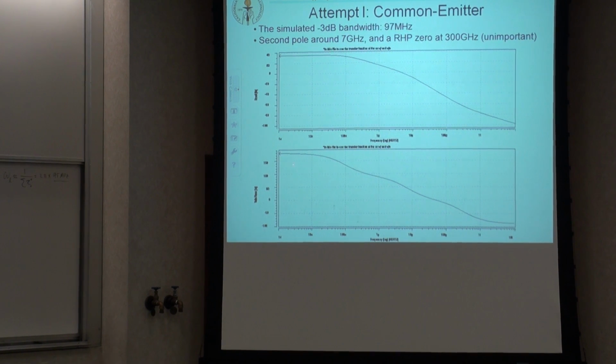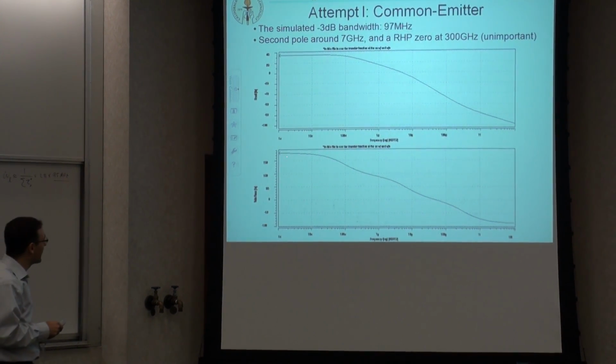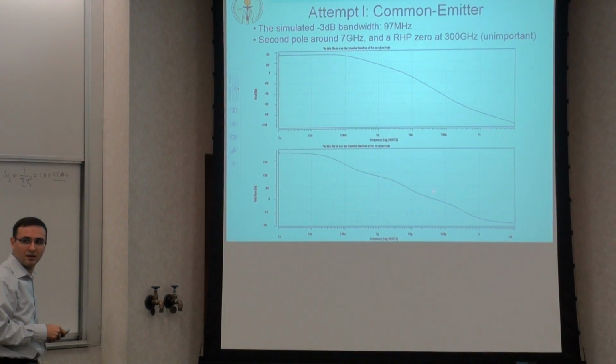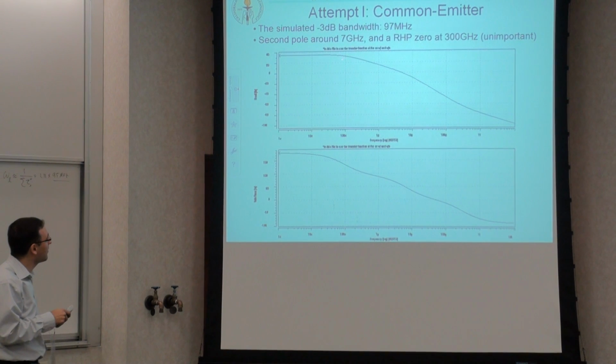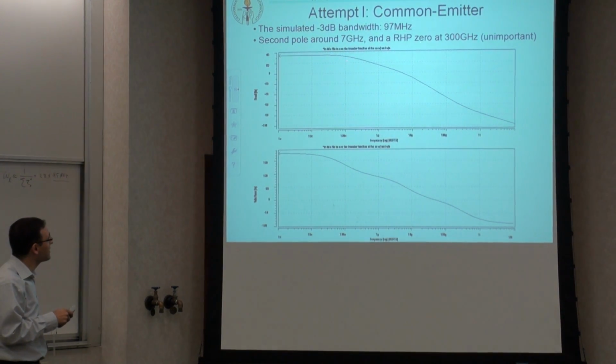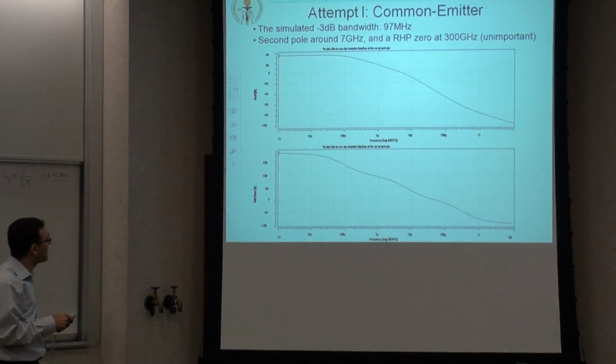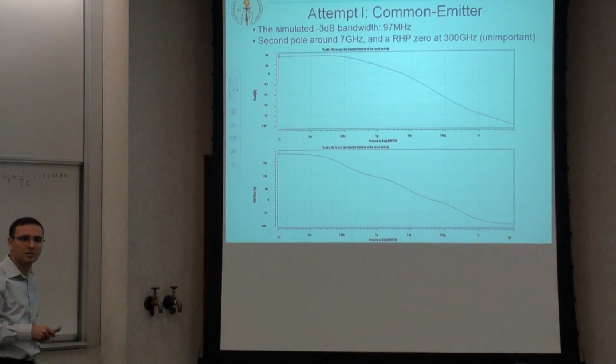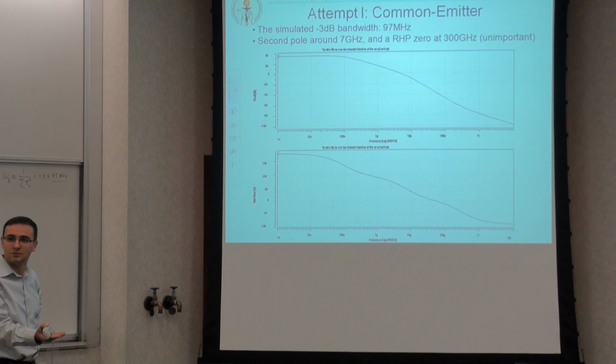And the phase response also indicates that. So you go from 0 to minus 90 here, and another drop in the phase. Okay? So it looks like 2 single poles, one here around 90 something megahertz, and then another around 7 gigahertz. And then you see that the amplitude goes back from minus 40 dB per decade drop to 20 dB per decade drop, which means that you have a 0.